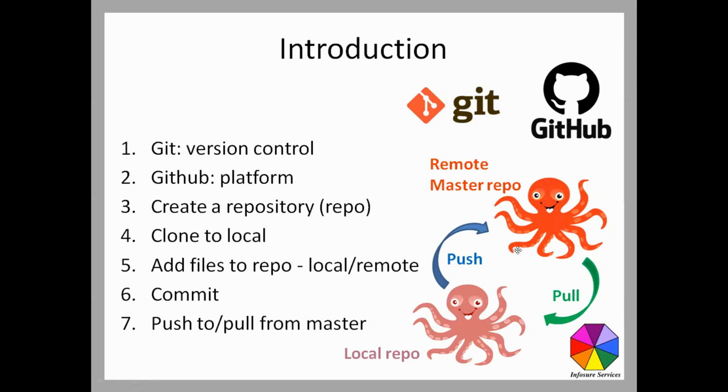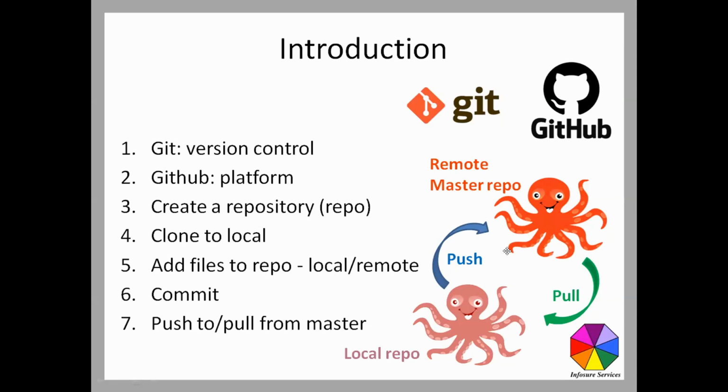When you check in, it stores that version in the repository in Git. Inside your project you might have multiple files. Each file will have a version, and you check in to the version control, check into Git.